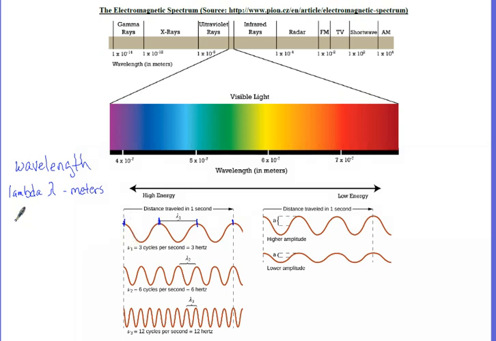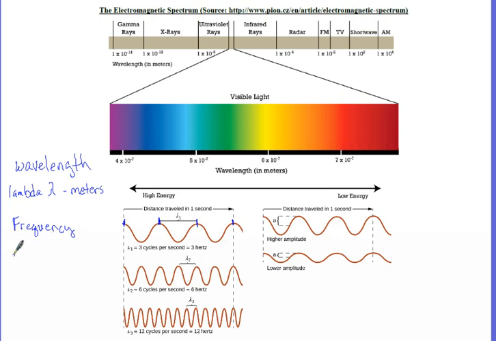The other term that's introduced in this part is frequency, which is pretty much exactly what it sounds like. It's how many of these waves pass a given point in a second. So this certain distance, the time is 1 second. If you're looking at the cycles per second, that's its frequency.